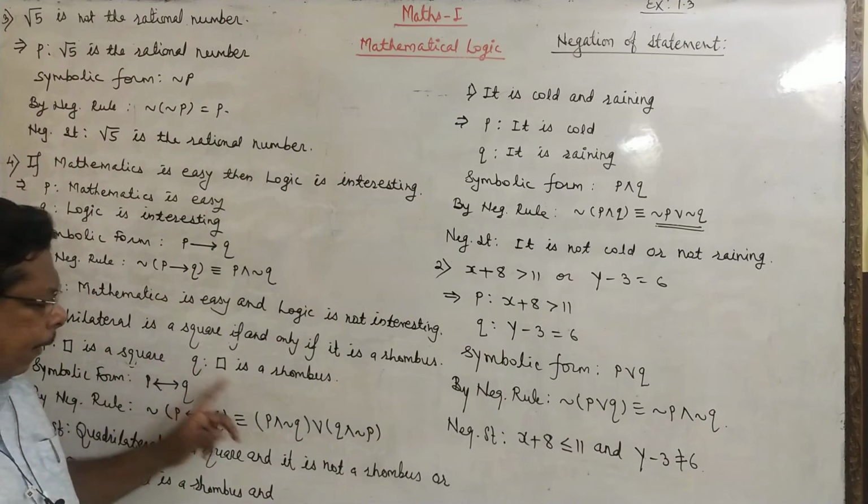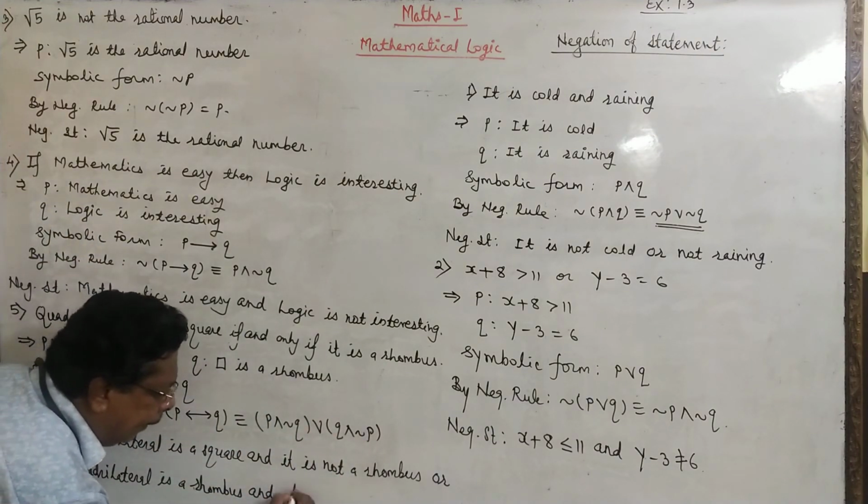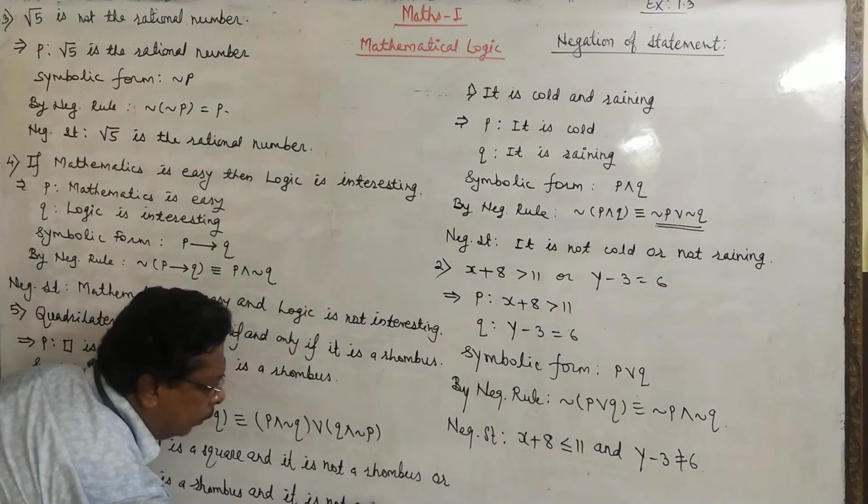Quadrilateral is a square. Negation P: quadrilateral is not a square. Therefore, and it is not a square.